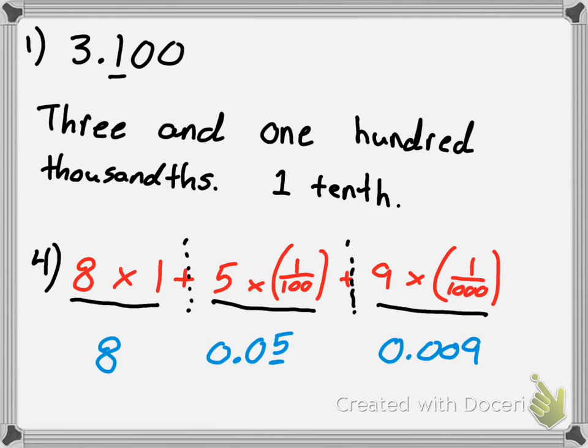So I know the first place is going to be an 8, which is the ones place, and I have a decimal. After that comes the tenths place, but if you look, there's no tenth in our problem, so I have to put a 0 there. There's no tenth, but you have to put something in that spot. So we have 0 tenths, followed by our hundredths, and in that we have the 5, so I'm going to put a 5 there. And then the last place is our thousandths place, and we have a 9. So the final answer is 8 and 59 thousandths.